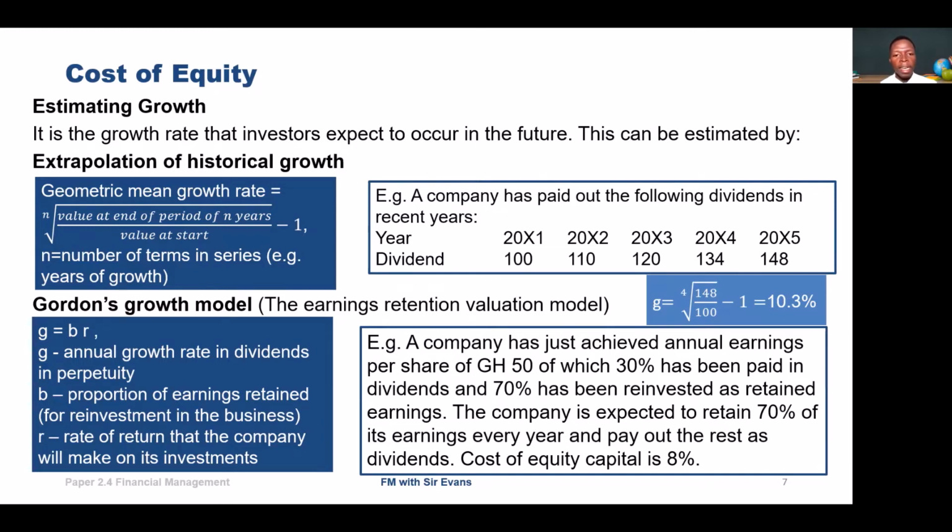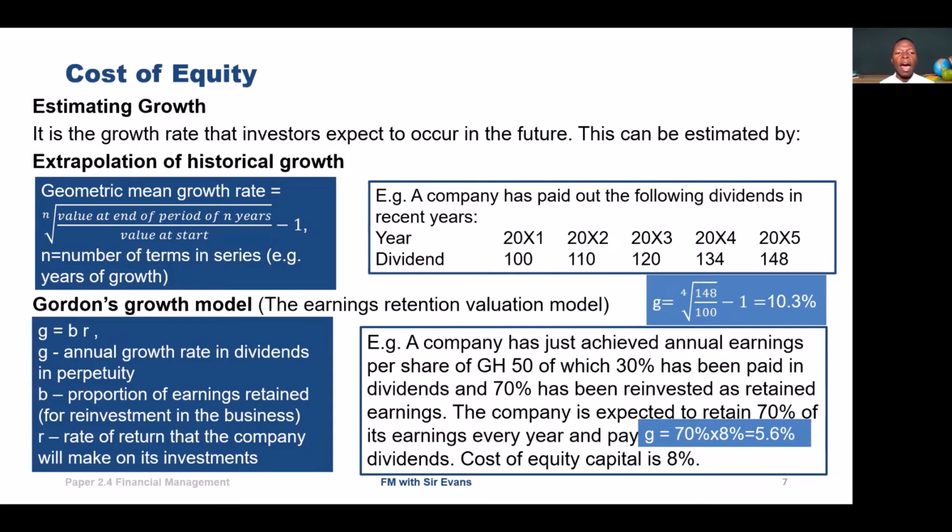We can see in the question that 30% has been paid in dividend and 70% has been reinvested as retained earnings. So 70% is our proportion of earnings that is retained. The cost of equity capital, or the rate of return, is 8%. So when you use these two, you get 5.6% being the growth rate in dividend.